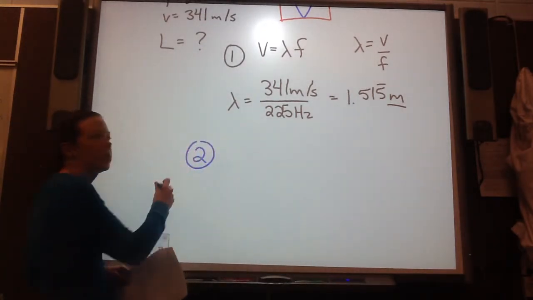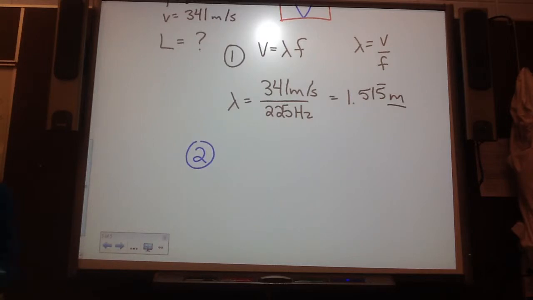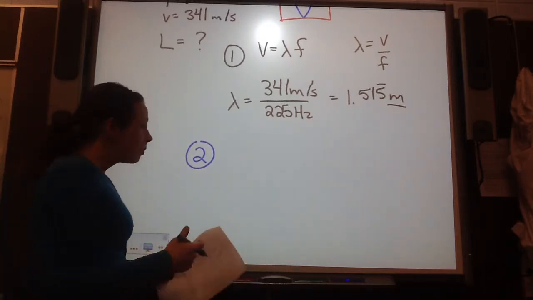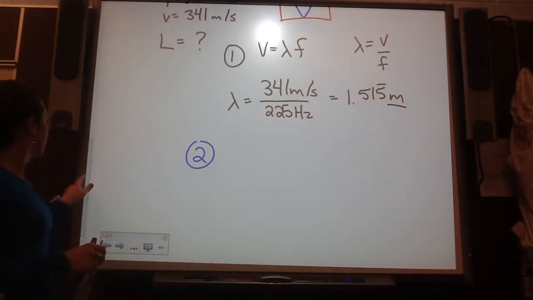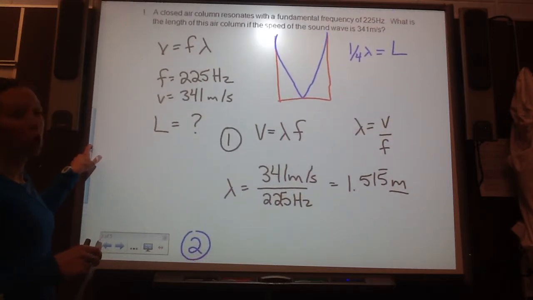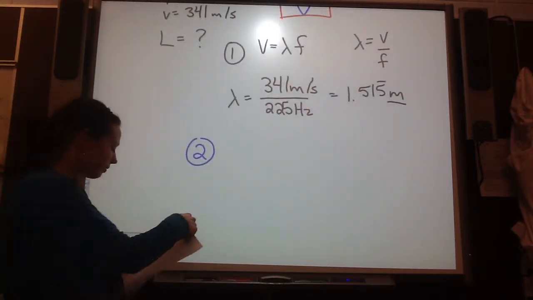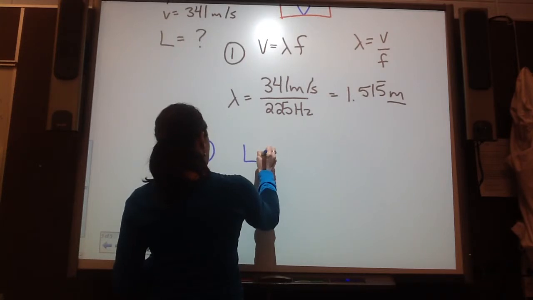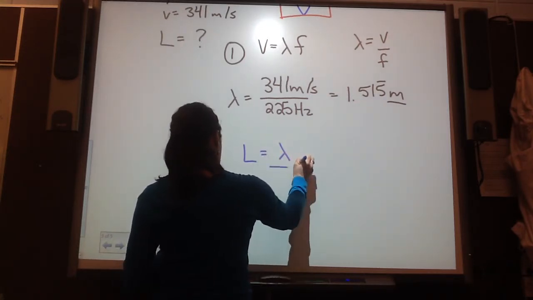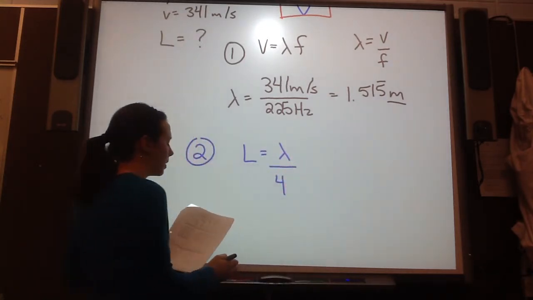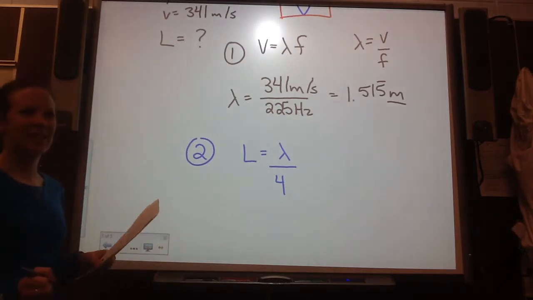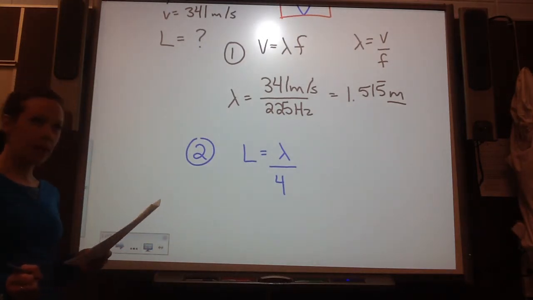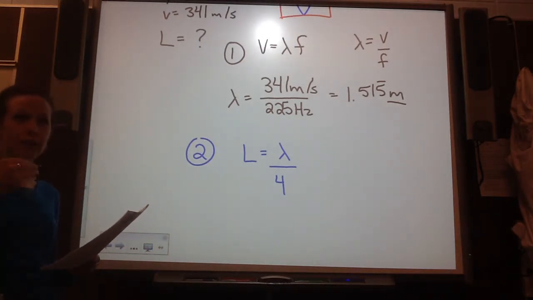Now step 2, because we actually want to find the length of the air column, not the wavelength. But we said that the length of the air column is 1/4 of the actual wavelength. So then L is equal to lambda over 4. I can take that wavelength and divide it by 4.